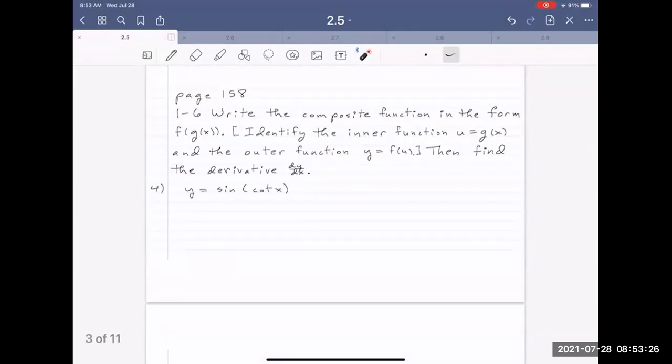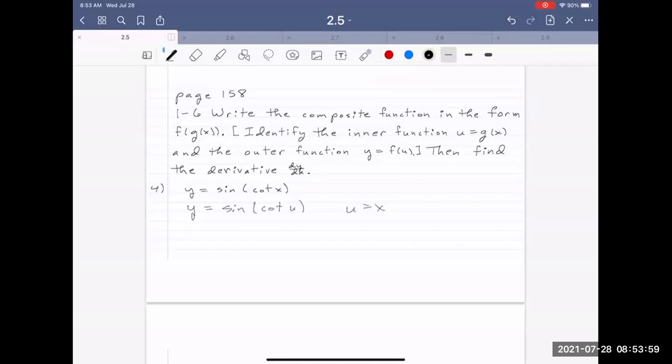Now, of course, you could always do a trivial sort of decomposition. You could always say, well, this is the composition of two functions, y equals a sine of the cotangent of u, where u is equal to x.